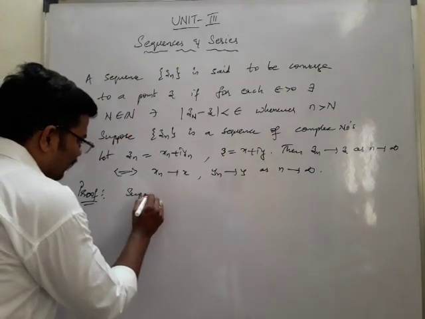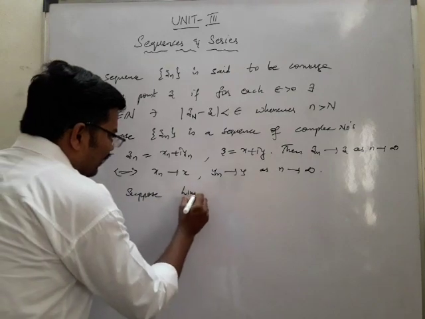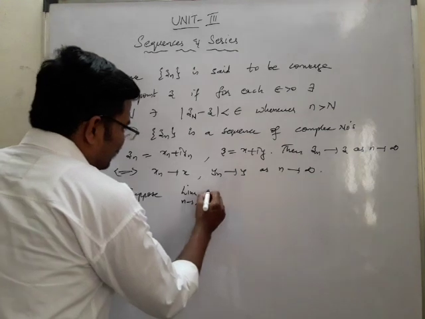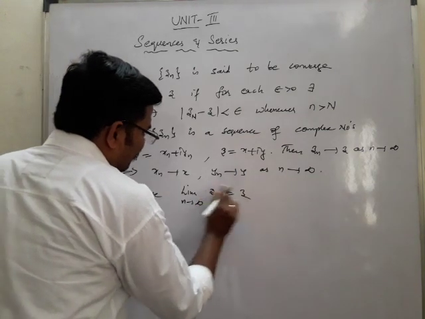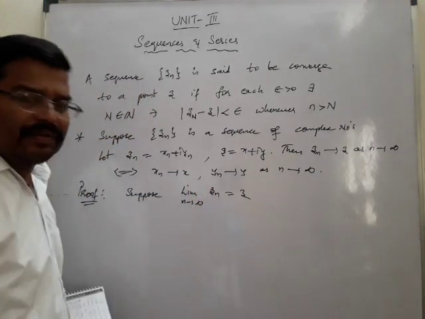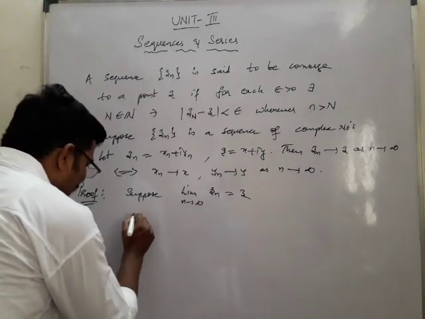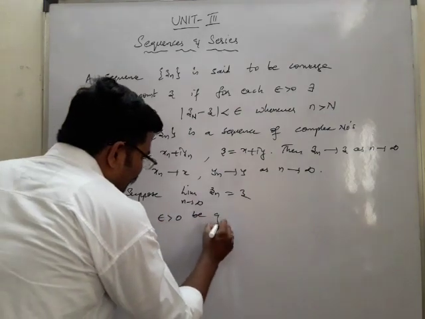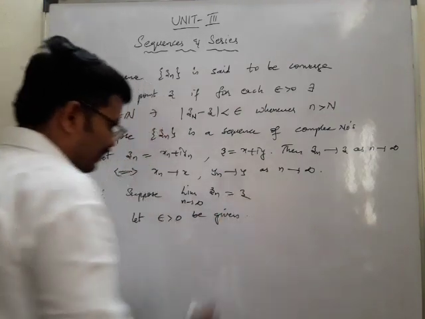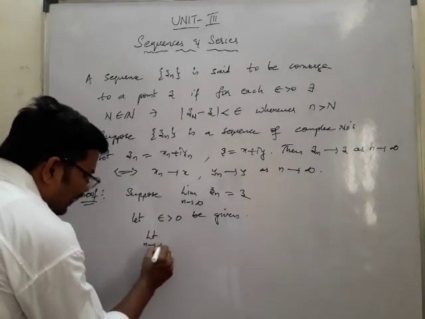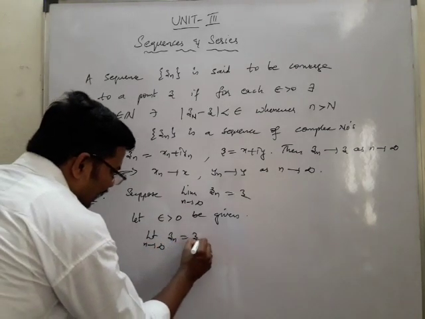Suppose limit n tends to infinity, Zn is equal to z. So let epsilon greater than 0 be given, a smallest positive value. Limit n tends to infinity, Zn equal to z.